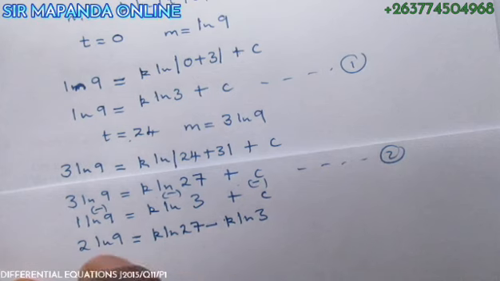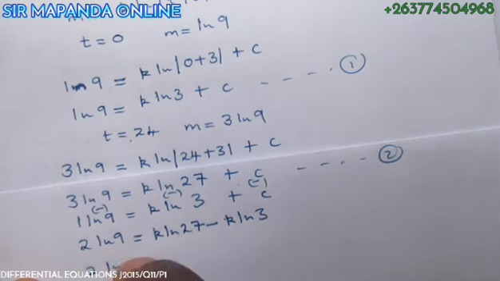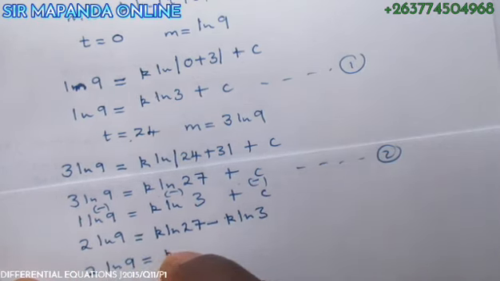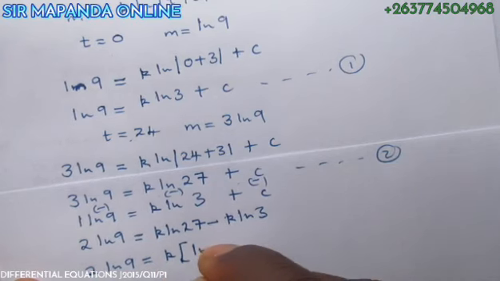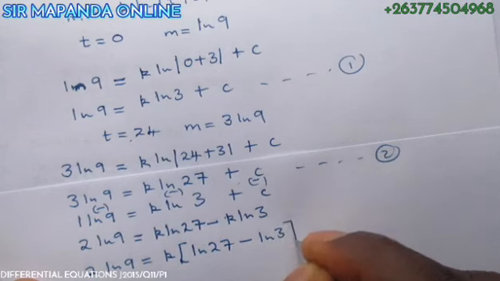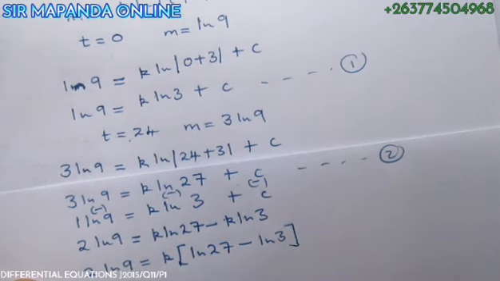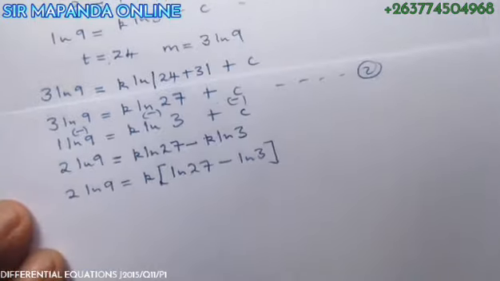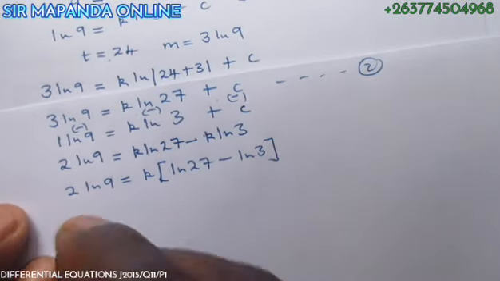Right, I'm now writing 2 ln 9 is equal to, then you factor out k, you'll be left with ln 27 minus ln 3. I hope you are following, class. Right, so remember, when subtracting logs, you divide the numbers.